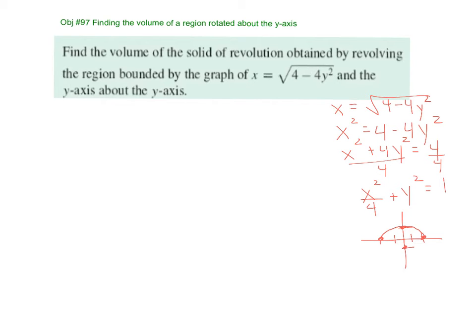I graphed this wrong, and I did it as a circle accidentally, so my bounds were messed up. So it says we have x equals the square root of 4 minus y squared. So we actually only have half this graph. X is positive, so we can erase the side where x is negative. So that's actually our graph.